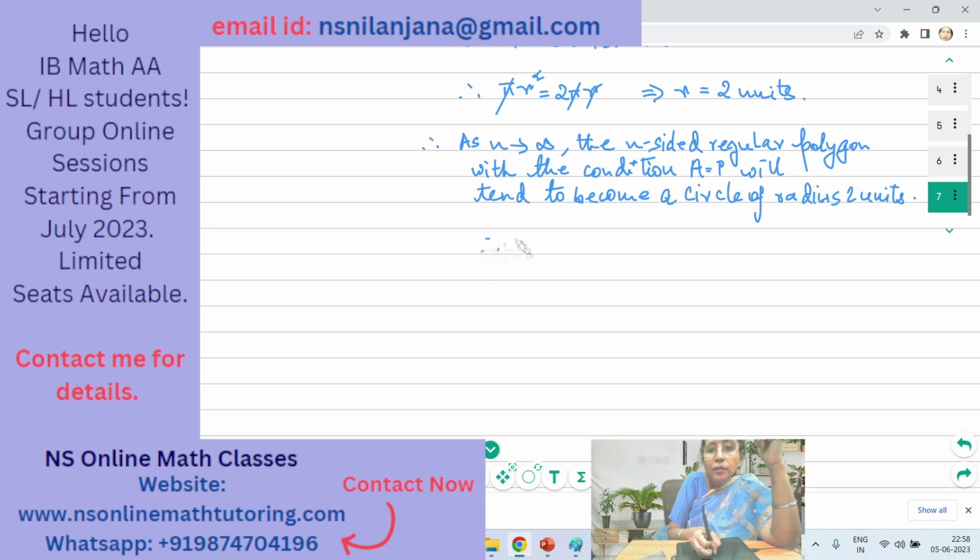Therefore, A is equal to pi r square is equal to 4 pi unit square.